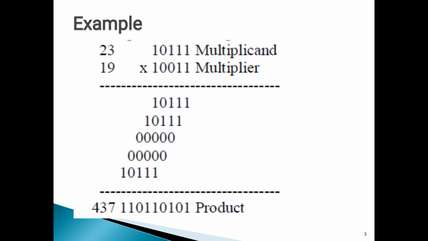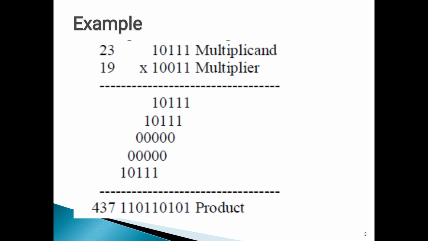After completion of this process, we add all the partial products column by column, and I think this is the final product or final result of 23 into 19.